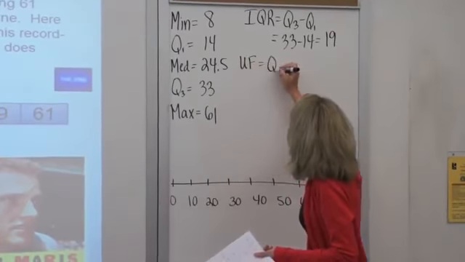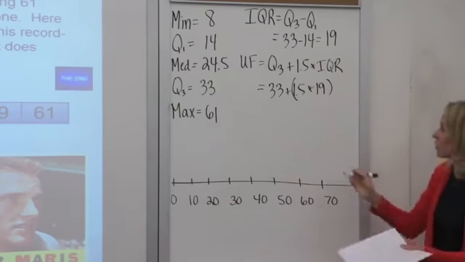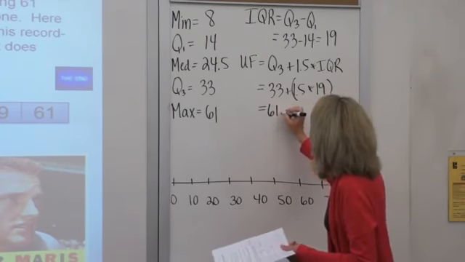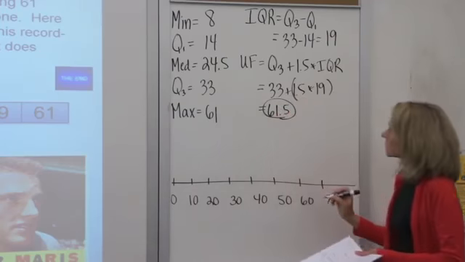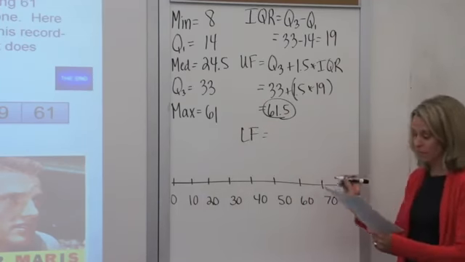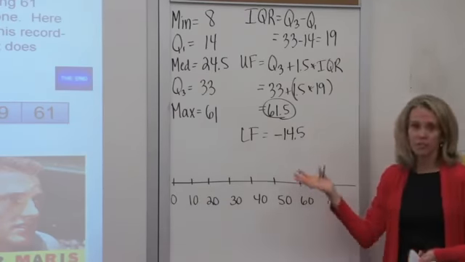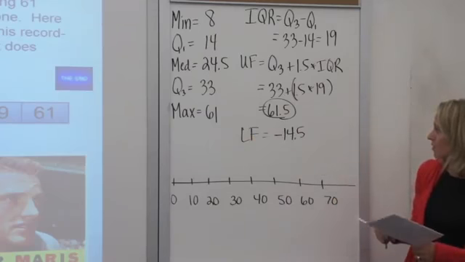And so the upper fence, if we use our formula, take Q3 and add 1.5 times the interquartile range, is 61.5. I'm going to leave it for you to verify that the lower fence is actually a negative 14.5. Clearly there's no outliers on the low end.